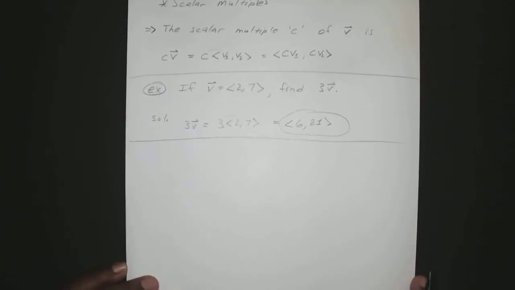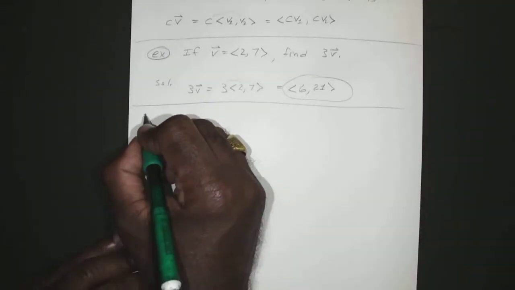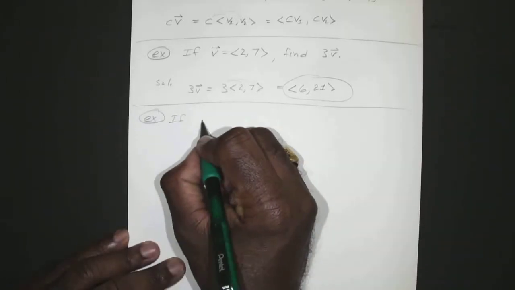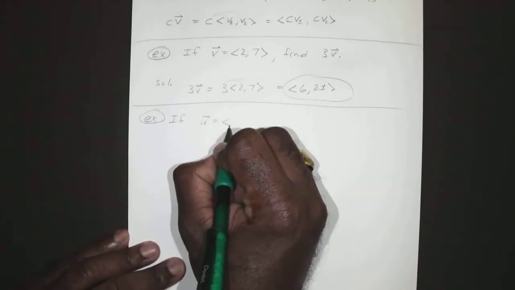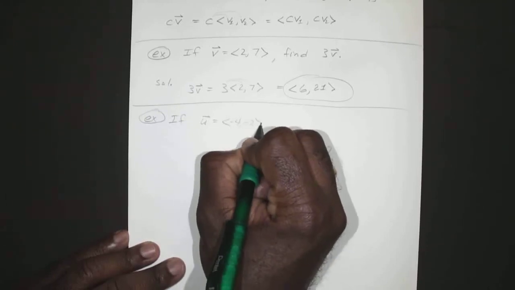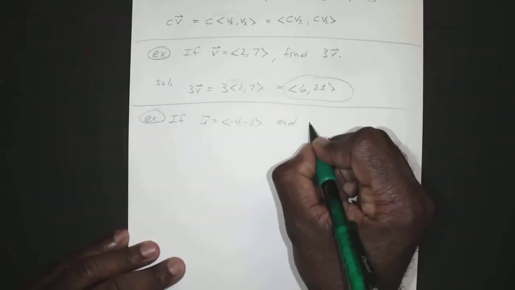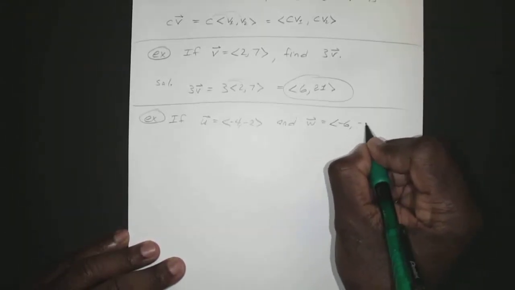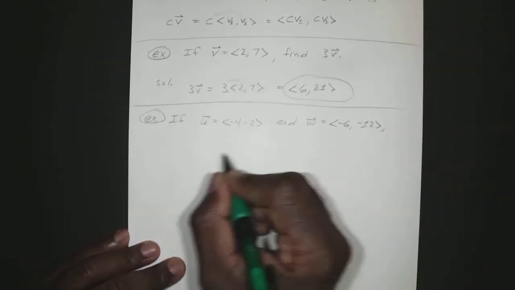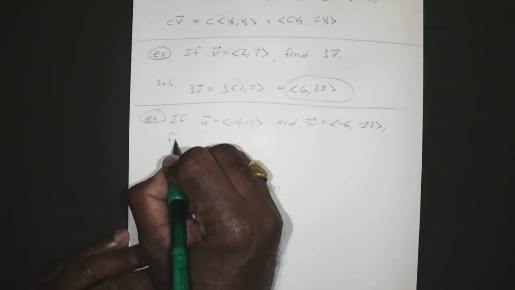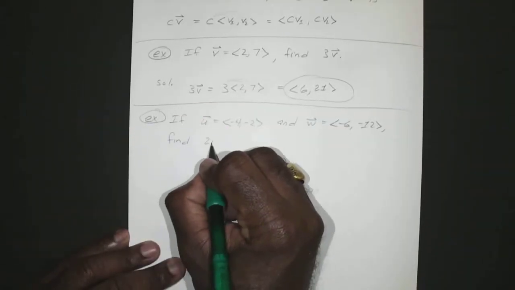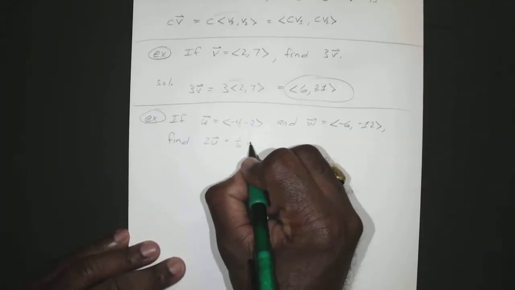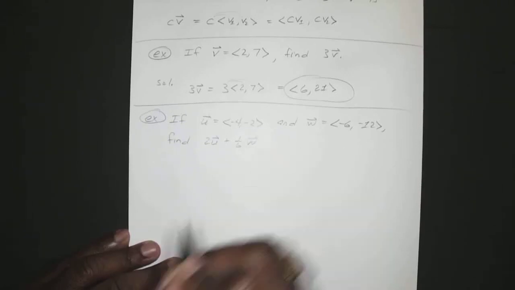Okay, so let's say we have the example: if u vector is equal to -4, -2, and our w vector is equal to -6, -12, find 2 times the u vector plus 1/6 the w vector.